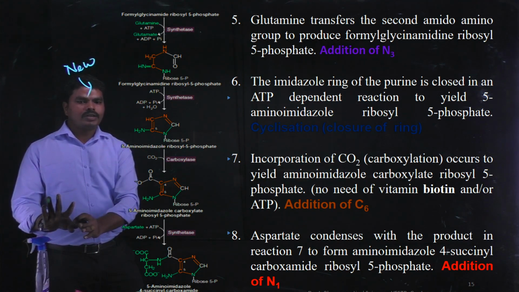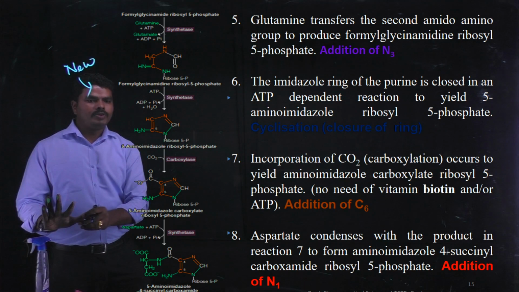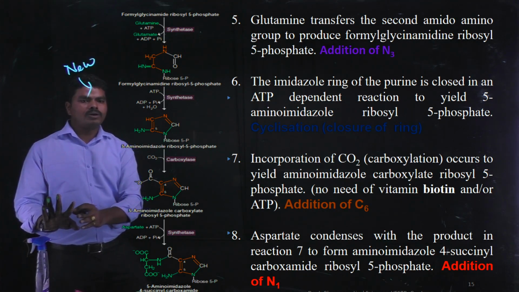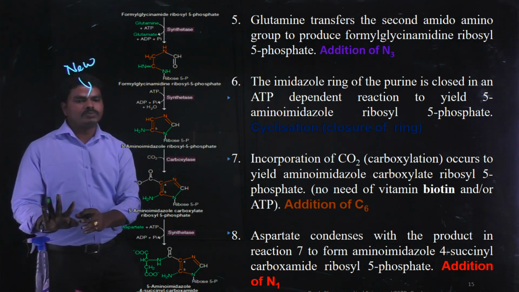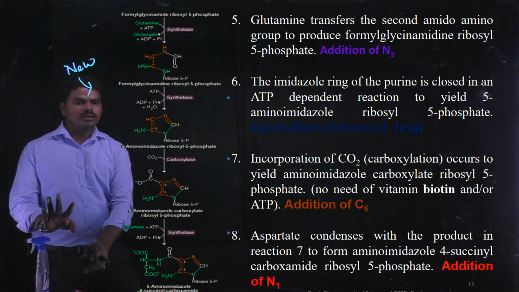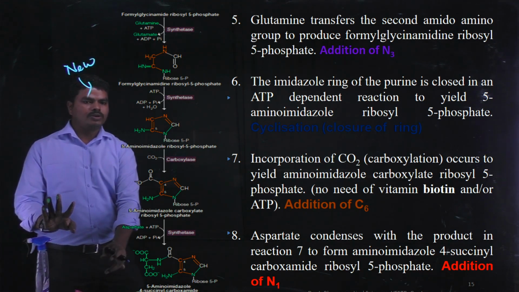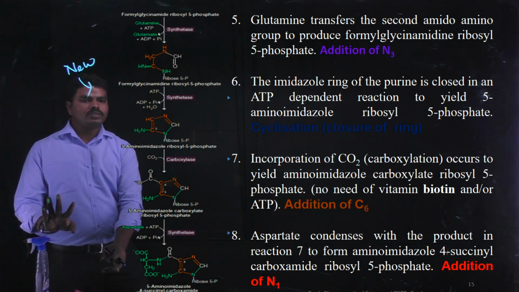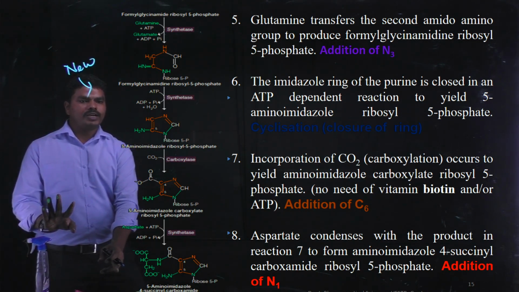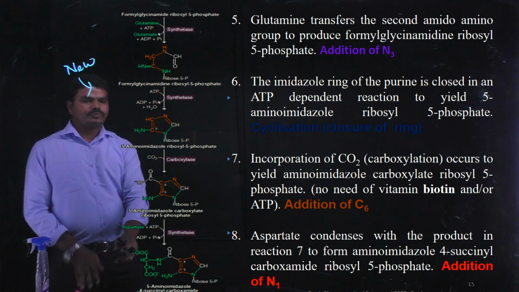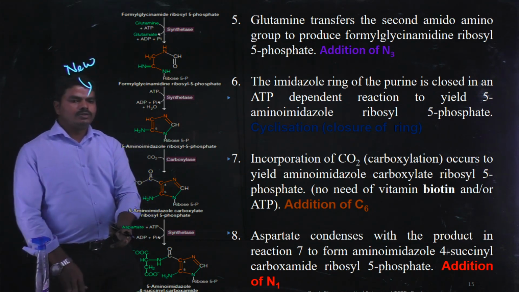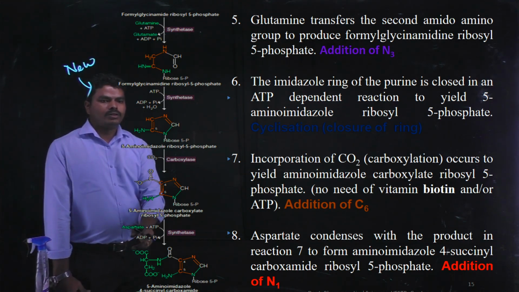The aspartate is condensed to form the amino imidazole 4-succinyl carboxamide ribosyl 5-phosphate. This is the last product in this image.